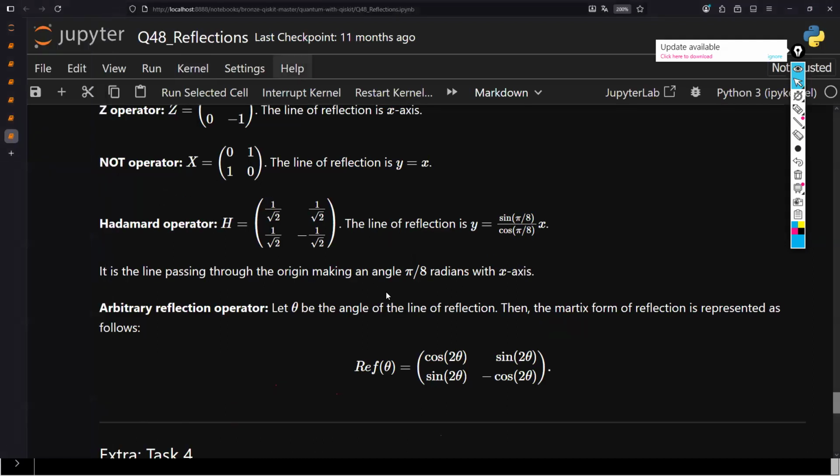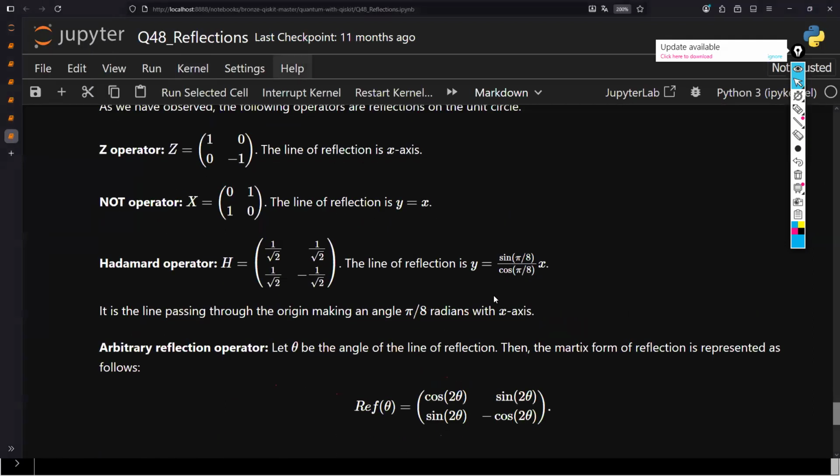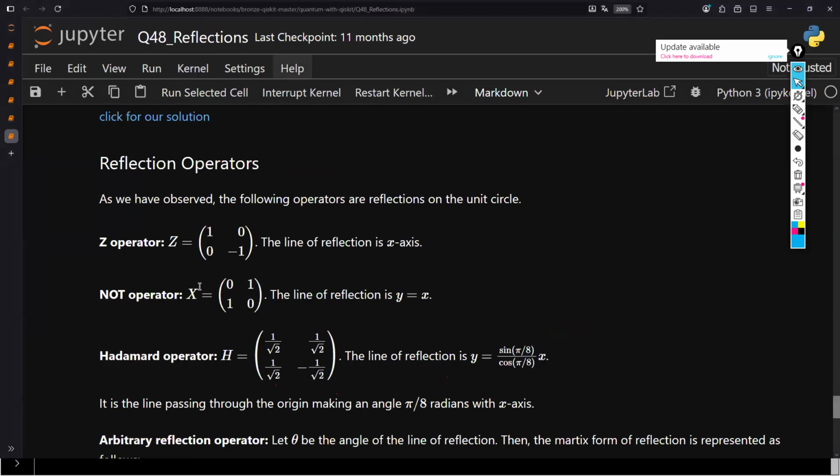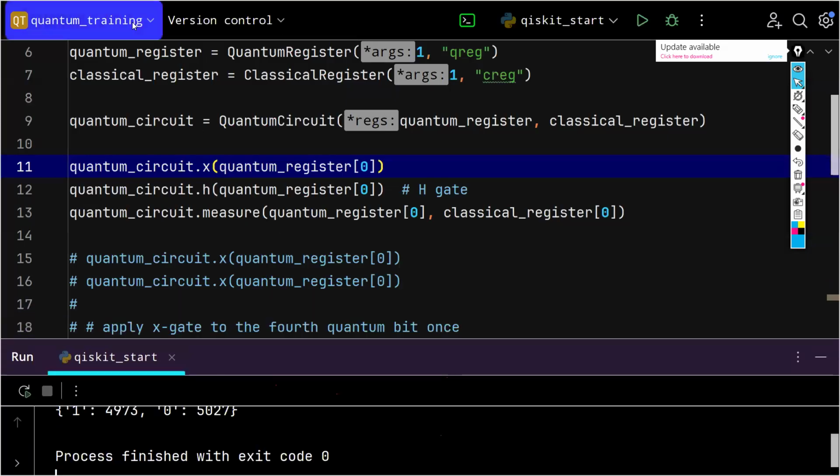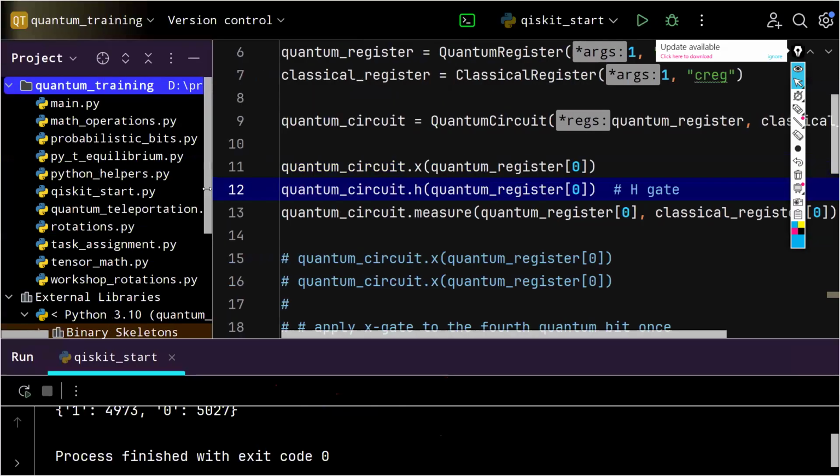So that's that. Yet again, we have some other reflection operations that we could discuss. For example, what we could say is that I actually have this prepared. So let's say stations.